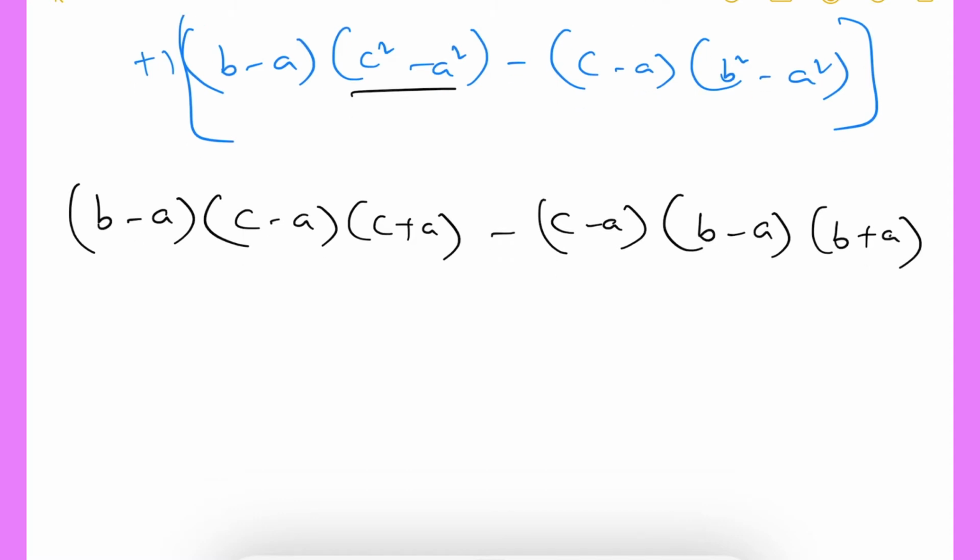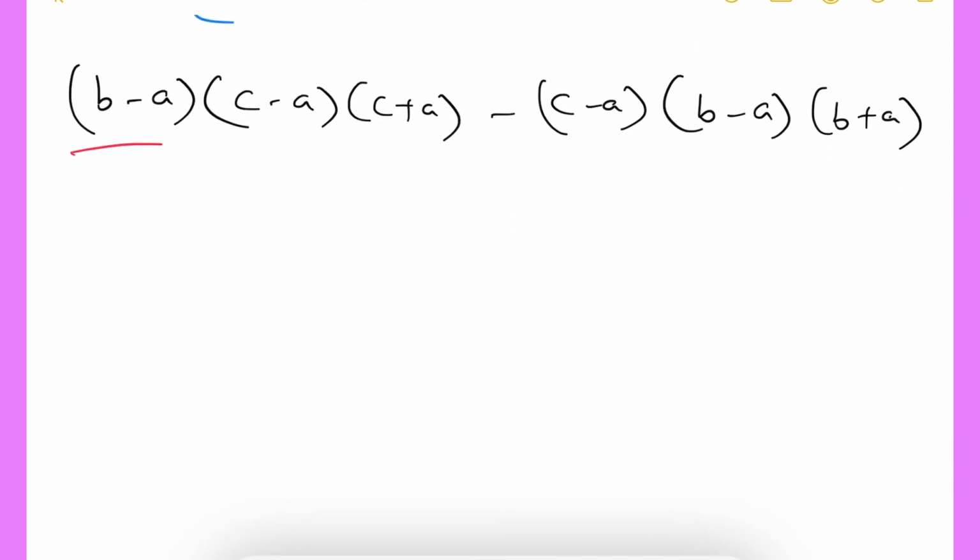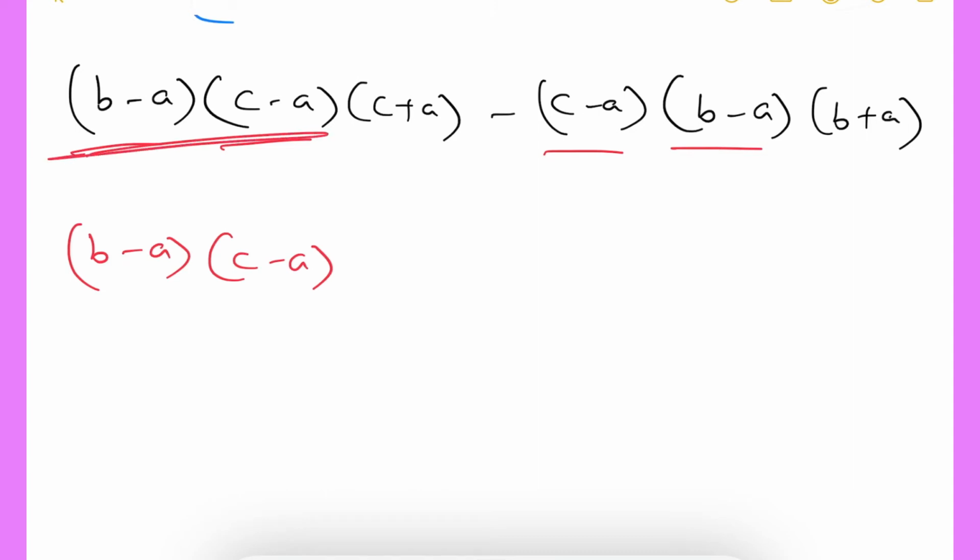Now if we observe this whole line clearly, here b minus a is there, here also b minus a is there, here c minus a is there, here also c minus a is there. So from the two terms, I will take out b minus a into c minus a common. Here b minus a, c minus a completed, then remains c plus a.